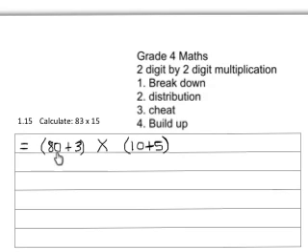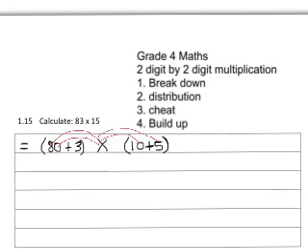Step 2 involves distribution. We're taking each of the numbers in the first bracket and distributing them to both the numbers in the second bracket. I'll use a red ink to show that. So 80 is going to be distributed to 80 times 10, and it's going to be distributed 80 times 5.